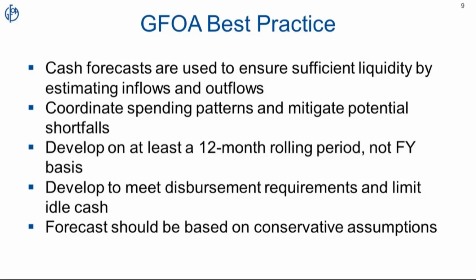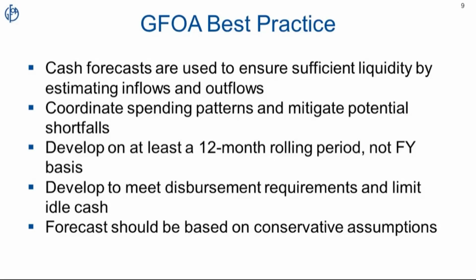It's highly recommended that you develop at least a 12-month rolling forecast, so not just a fiscal year basis. For example, if you had a fiscal year basis forecast, this is now April, almost May, you wouldn't know what's happening in July. So make sure it's at least a rolling 12 months, or preferably even longer.